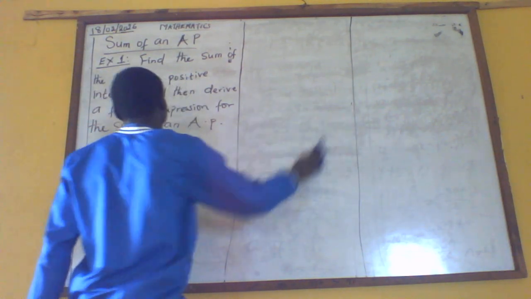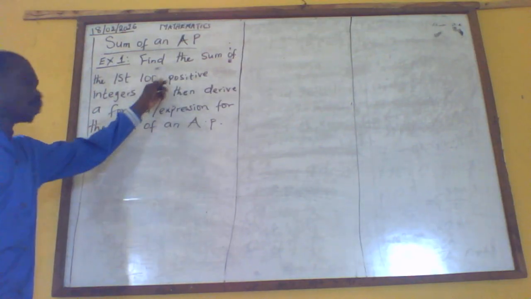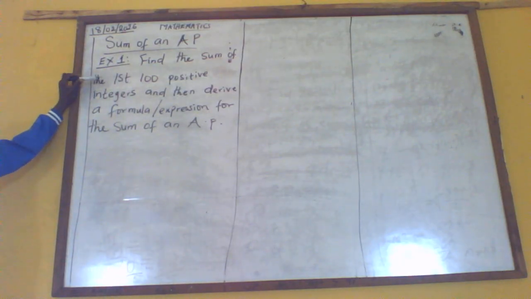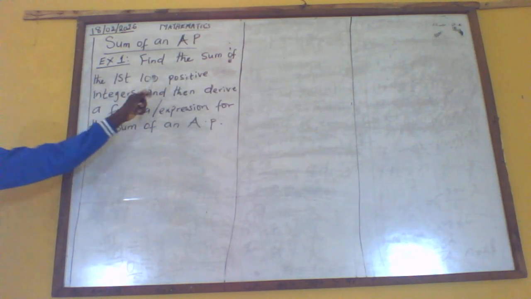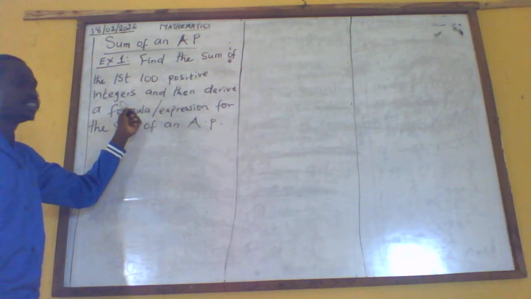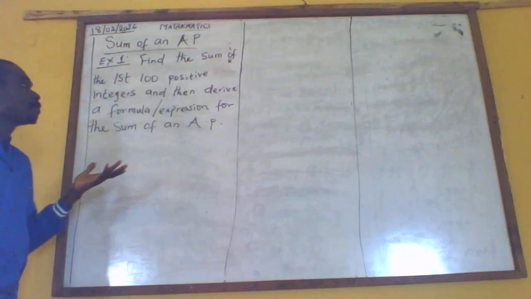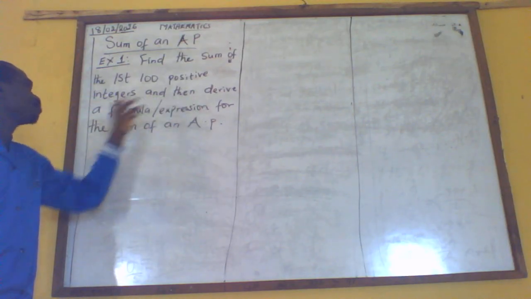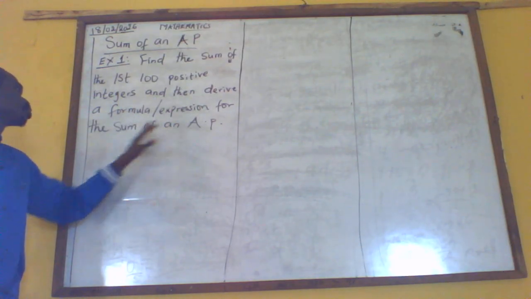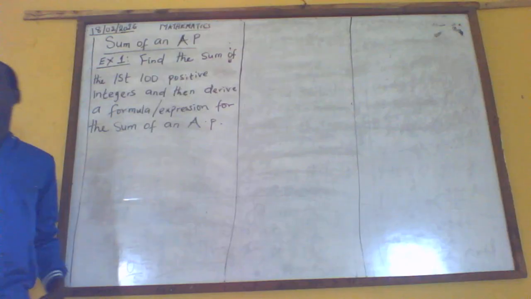We are to find the sum of the first 100 positive integers, and then by the result we are to derive a formula or an expression for the sum of an AP.